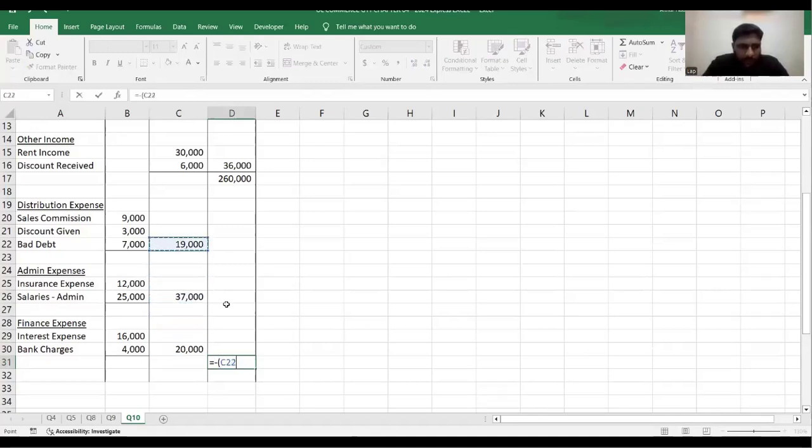So this value and this value and this value come to 76,000.